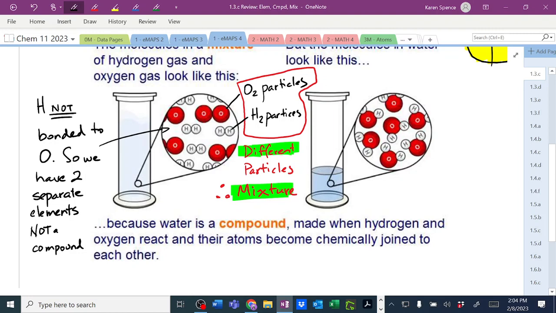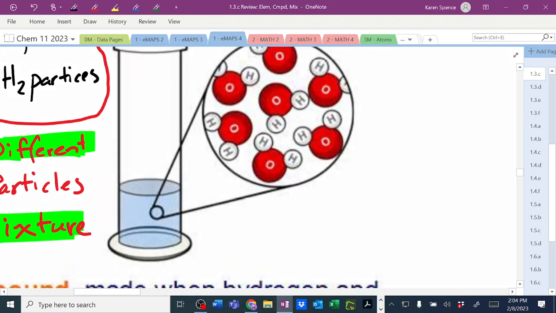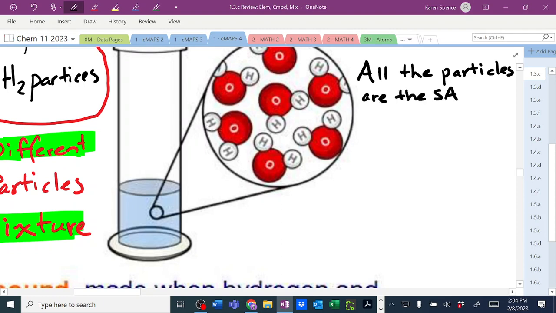On the other hand, over on the right, all the particles, are they the same as each other or are they different to each other? Yeah, they all look like little Mickey Mouses, yes? Okay, so all the particles are the same.